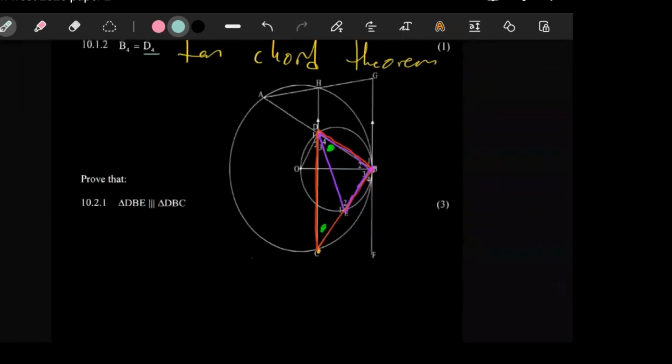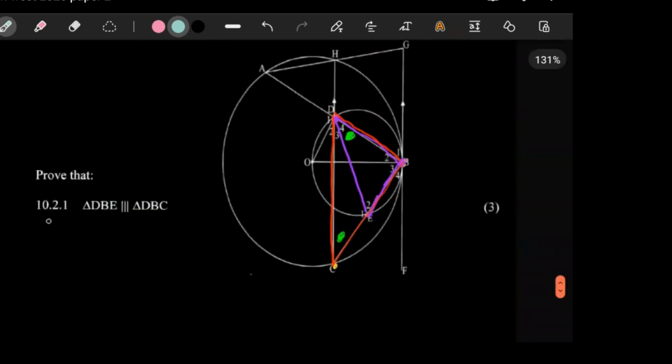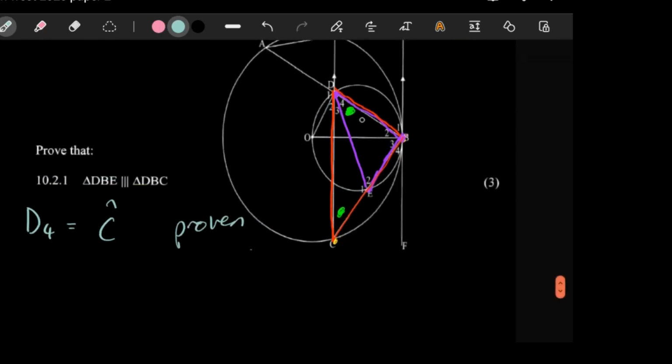So we might as well start there. For the two triangles, we can start by saying D4 is equal to this angle here, which is just angle C. They're equal because we've proven that already. The second pair of angles that we're going to show to be equal is this one here. This is just a common angle in both of them.